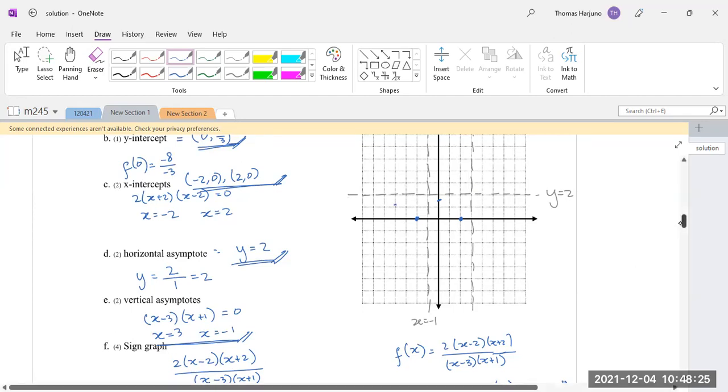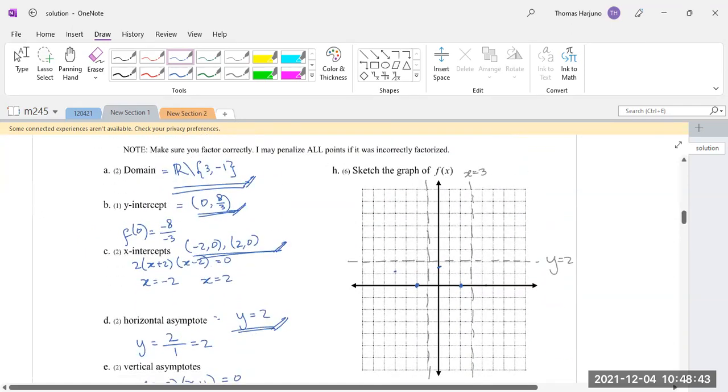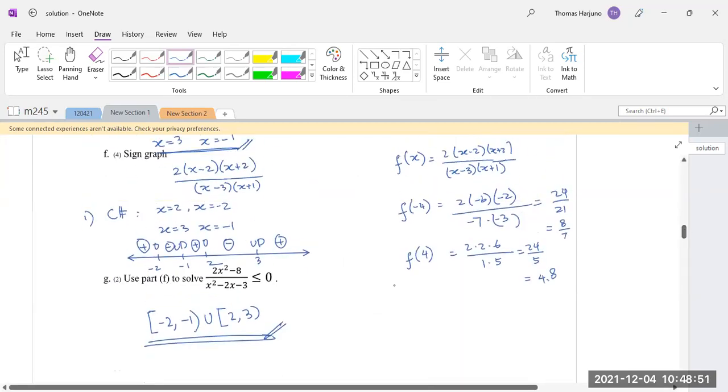And how about f(4)? So that's 24 over 5. That's 4.8. Let's see how about f(6).